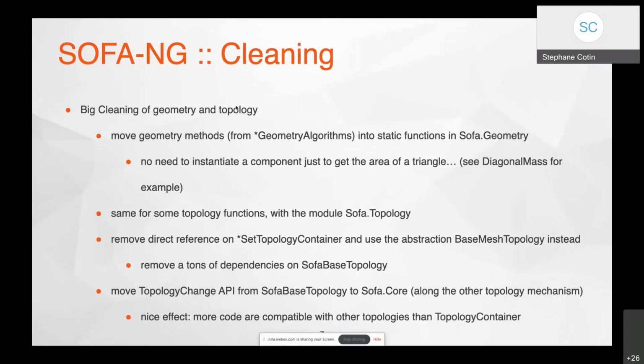And at the end, I also moved some topology changes that were in Sofa-based topology. For me, it was not really making sense, so I moved them to sofa.core, because it was much more logical to have them in the same namespace. The nice effect is that much more code is now compatible with other topologies like grids, some weird topologies like quad topologies, and maybe in the future the Cigogne topologies.